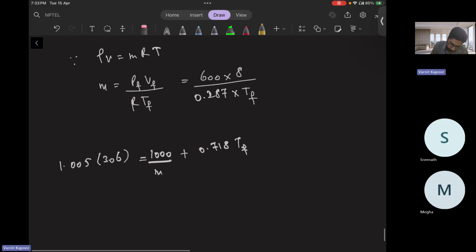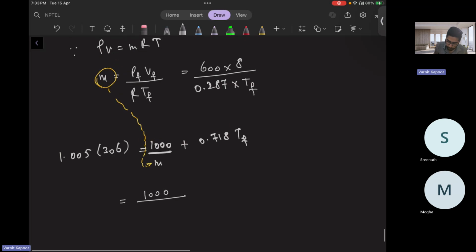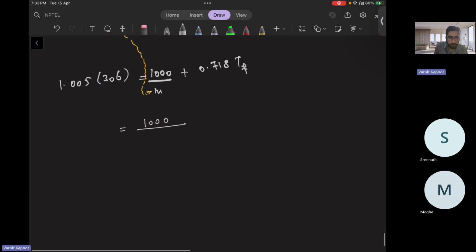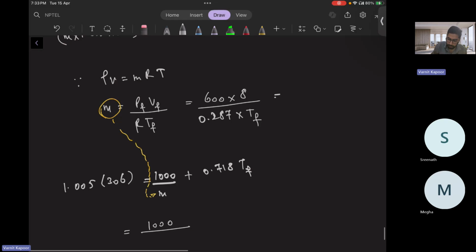Now you put this M here. So that comes out to be 1000 by 600 into 8. If you solve it out, this value is 16724.7 by T final.